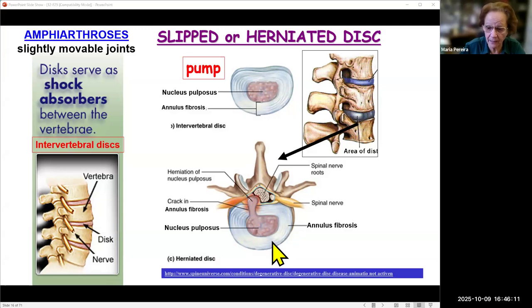But if the annulus becomes soft, it is no longer capable of enclosing the nucleus pulposus, which can protrude out and impinge on the spinal nerve. And that's what causes a huge, huge pain. It's known as a slipped or herniated disc. So if you ever hear about someone suffering from a herniated disc, you know exactly what's happening: the annulus fibrosus is weak, it lost its strength, and the nucleus pulposus is protruding out and impinging on the spinal nerve.